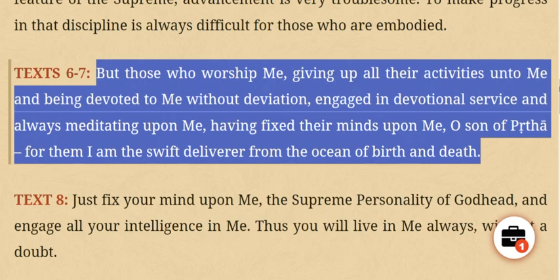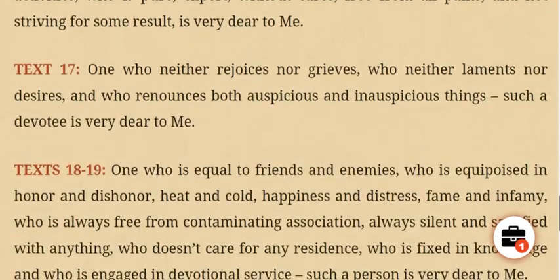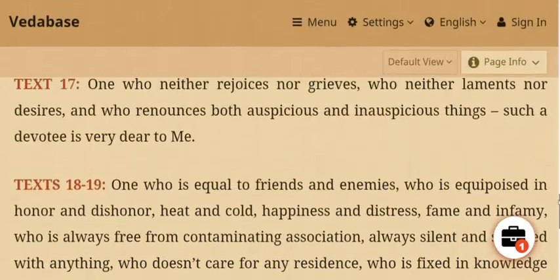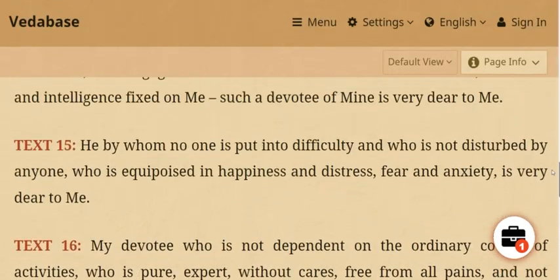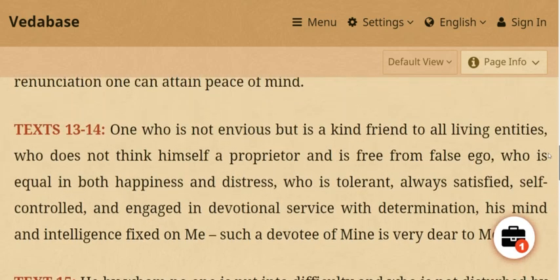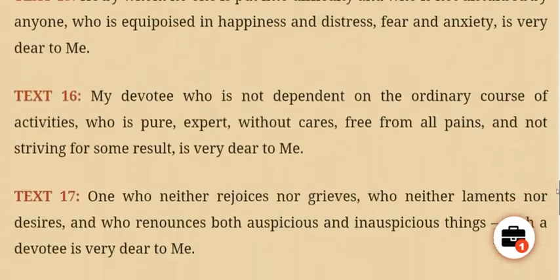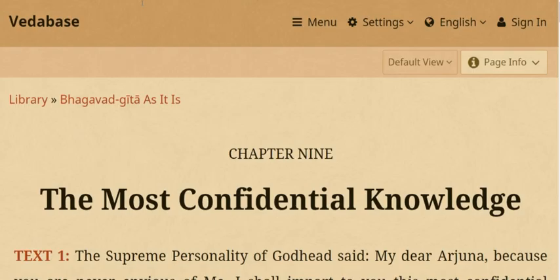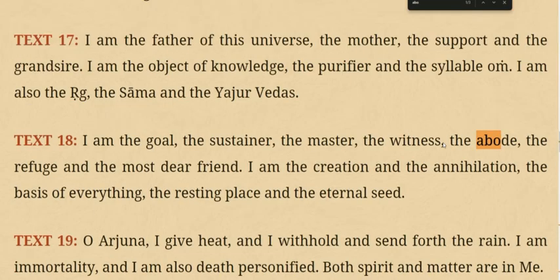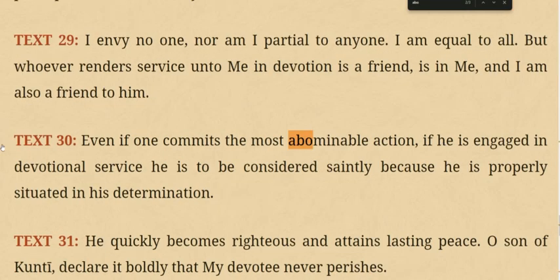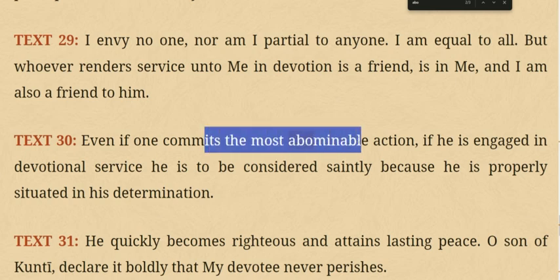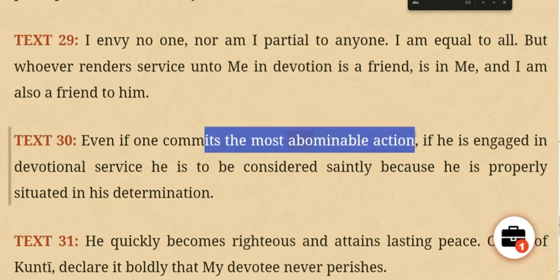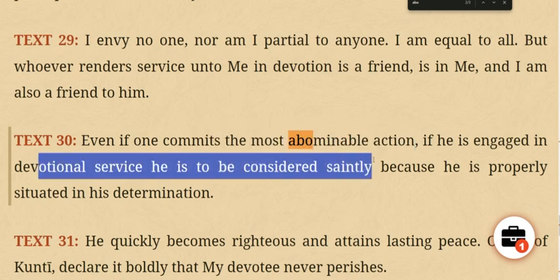It is so safe that even if a person does abominable activity, he is to be considered saintly. You have read this, no? Wait, where is it? Okay, that's in the 9th chapter. Sorry, we are going behind. Even if one commits an abominable action by accident, but is in devotional service, a bhakta is considered saintly.